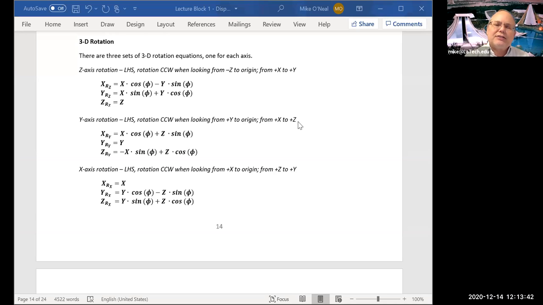From positive X to positive Z when looking from positive Y, from positive Z to positive Y when looking from positive X. The only anomaly is that because we're using a left-handed system, we're actually looking from negative Z, from the negative Z position towards the screen. If we were in a right-handed system, this would be the opposite, okay?